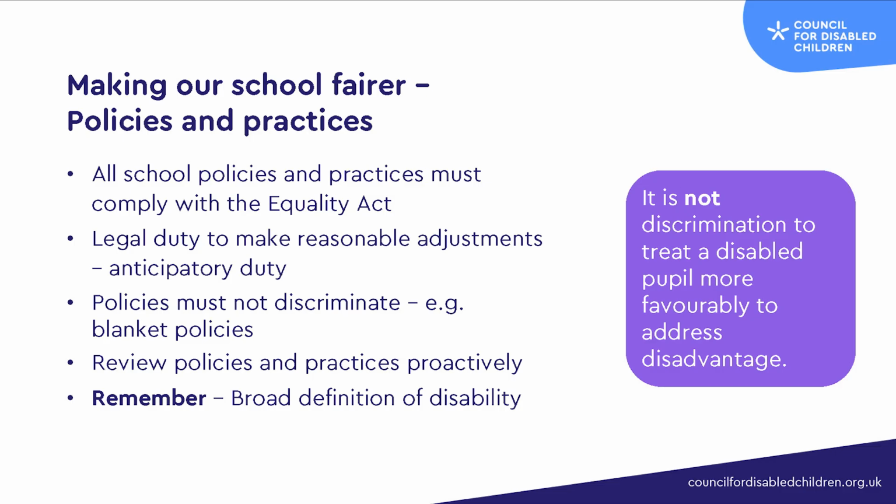All policies and practices must comply with the Act. That means behaviour policies, uniform policies, enrichment policies, admissions arrangements. Every policy must comply. The legal duty to make reasonable adjustments is an anticipatory duty, meaning schools must think ahead when they're planning their policies and must plan and make reasonable adjustments to these policies for disabled pupils.